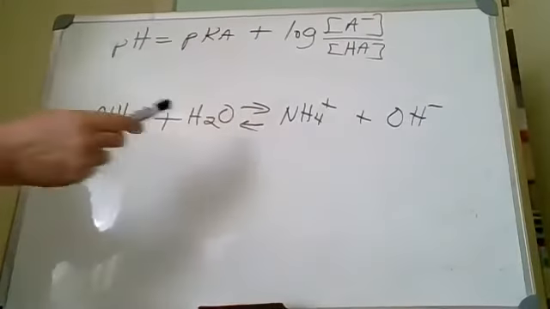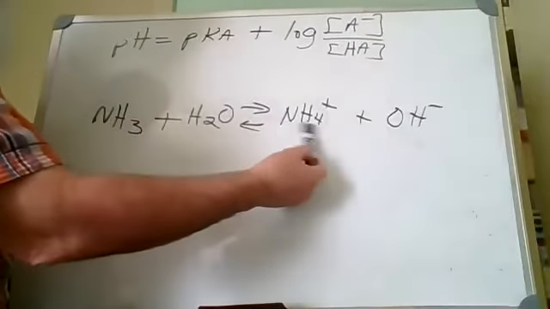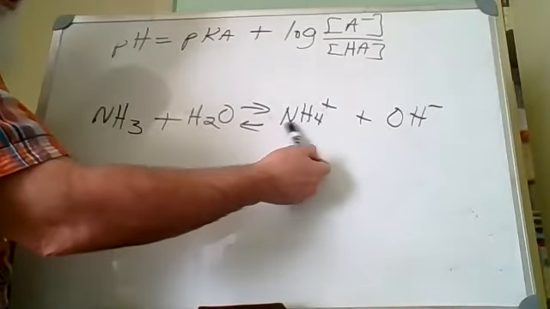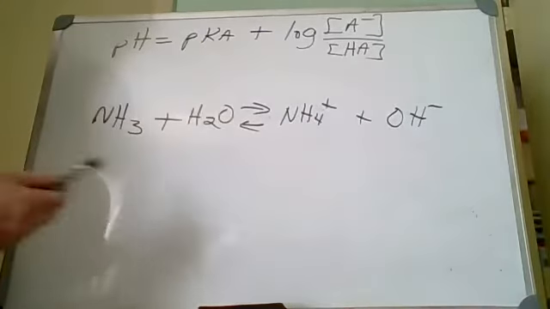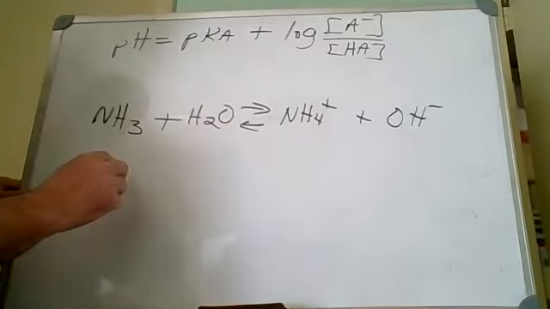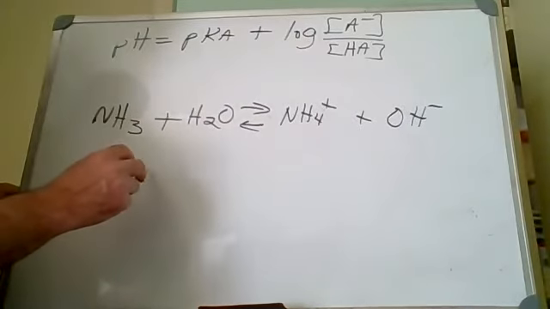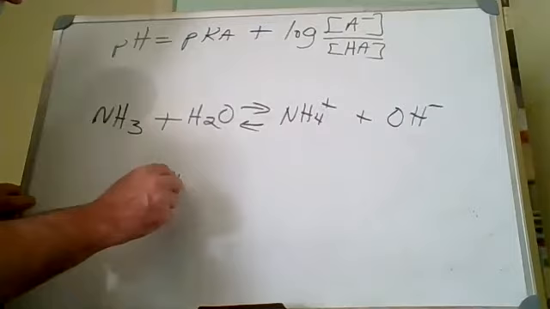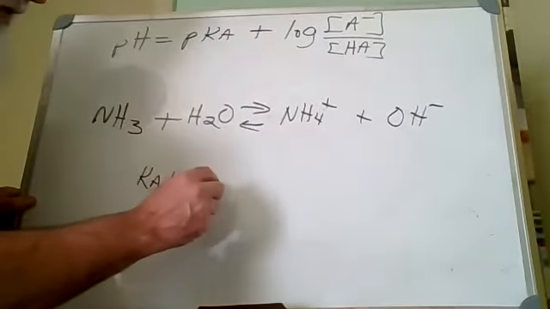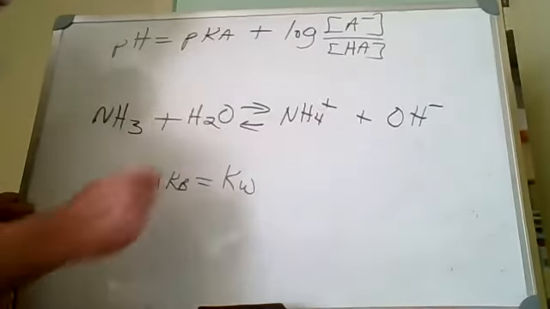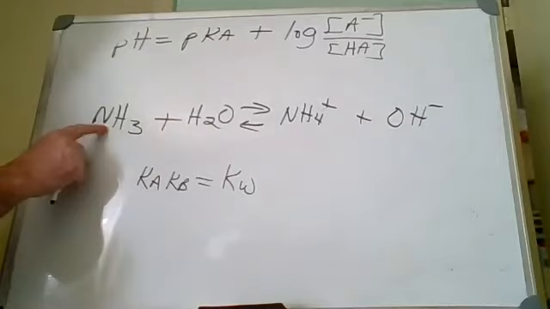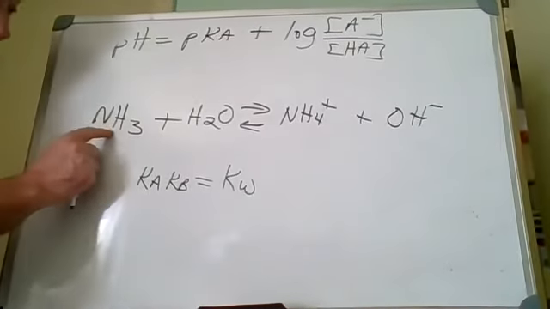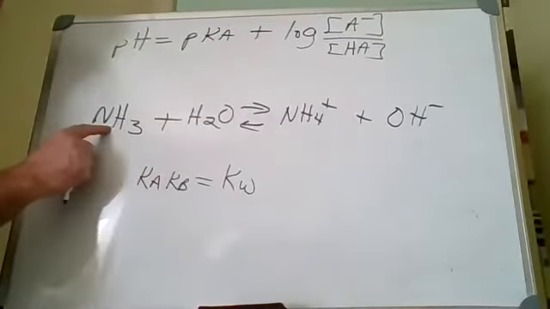Now, you can find in a table Ka for this conjugate acid. But if you remember, earlier in this chapter, we saw that Ka times Kb equals Kw. So you can find in the table for ionization constants for weak bases, Kb for ammonia.